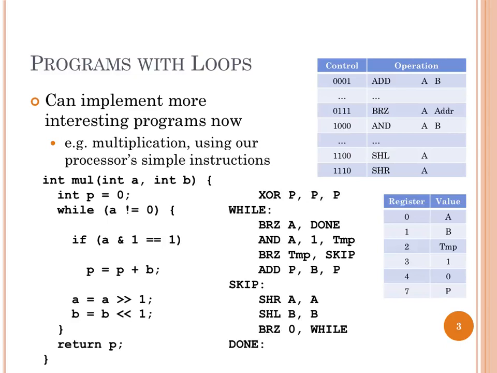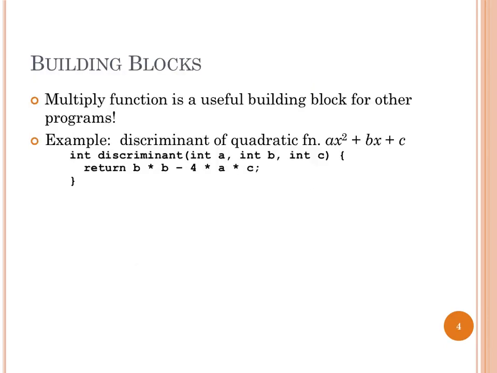So we have a couple of choices. We could either plop down this sequence of instructions every time we want to multiply two numbers, or we could figure out a way of making this callable or accessible from various parts of our program so that we have this building block that we reuse over and over again.